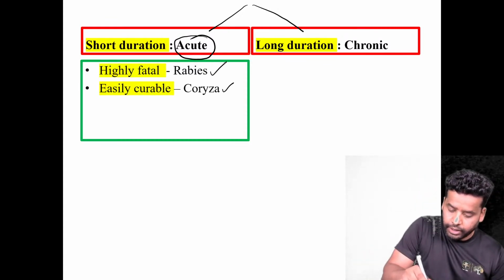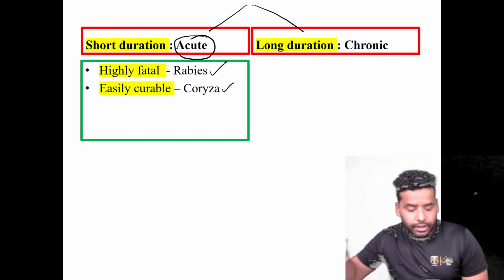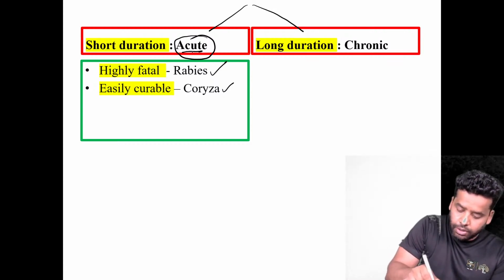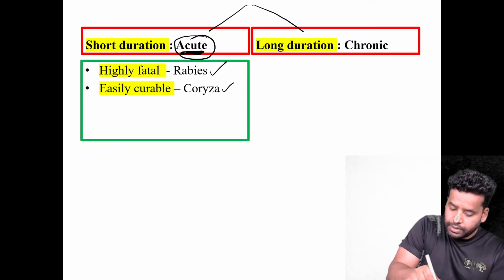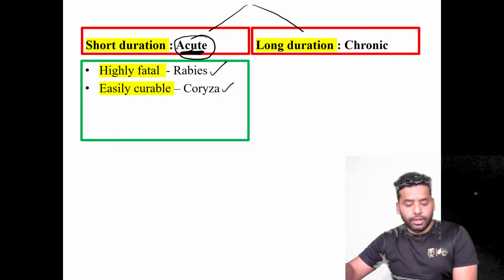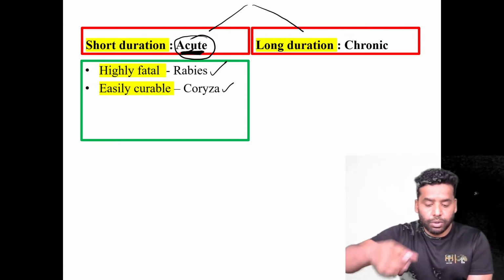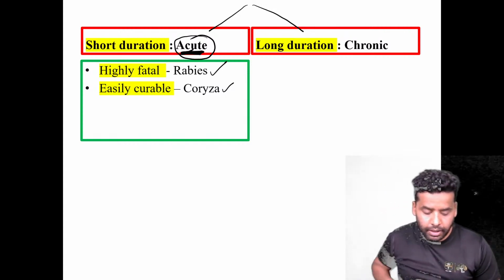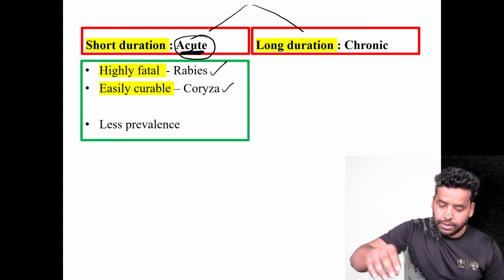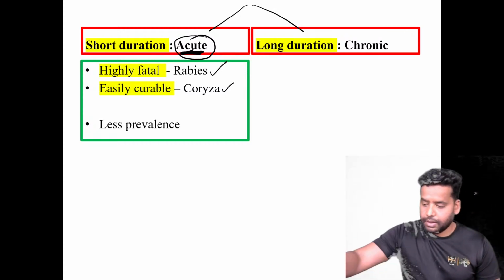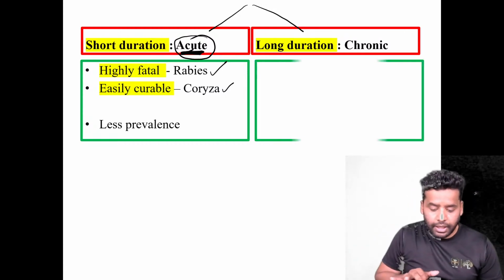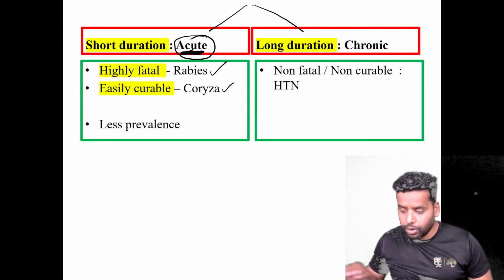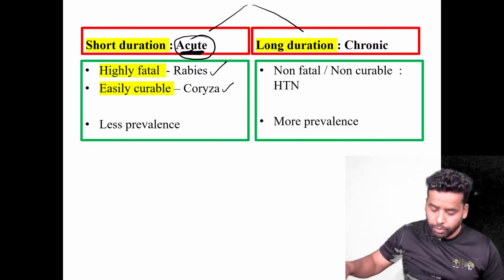Or highly fatal: rabies. Will these acute diseases have more prevalence or less prevalence? Less prevalence. Yes, good. But long-standing illness where there is no death, no cure will have more prevalence.